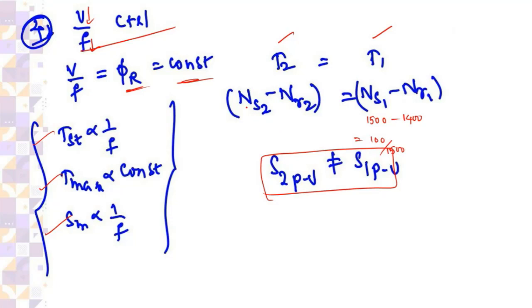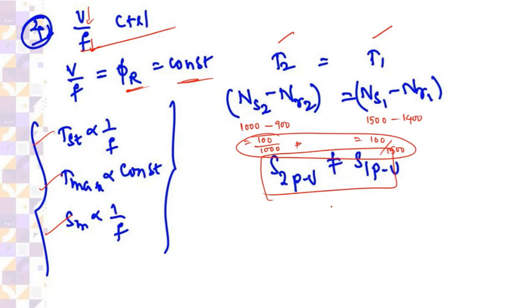And now after decreasing the frequency, the synchronous speed changes. Maybe let us take it as 1000 minus 900, it has to be. Then only the relative speed is 100. So 100 divided by 1000 is not equal to 100 divided by 1500. These two are not equal. Relative speeds will be same, but per unit slips are not going to be same.